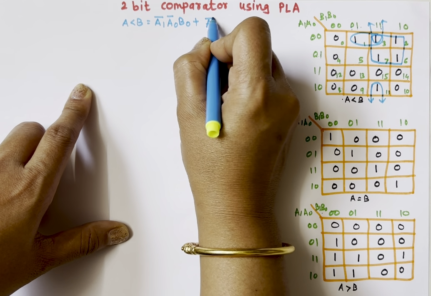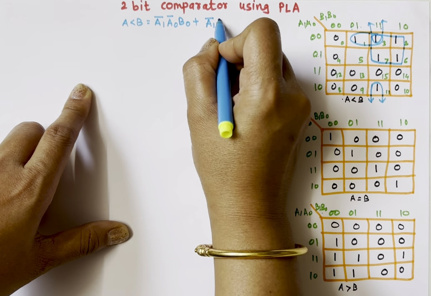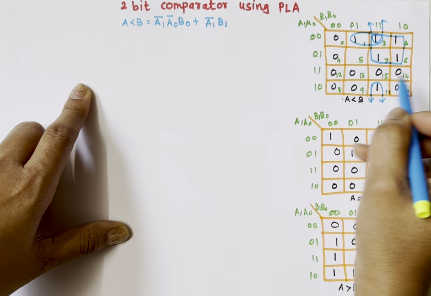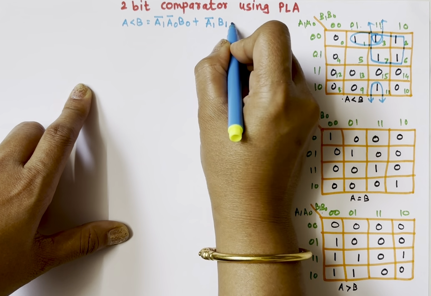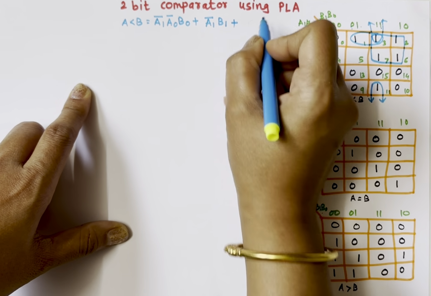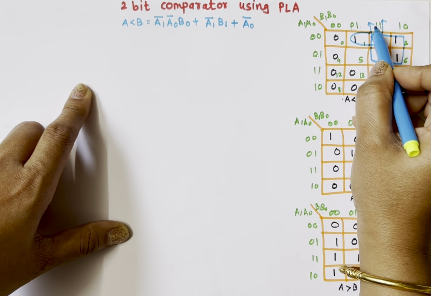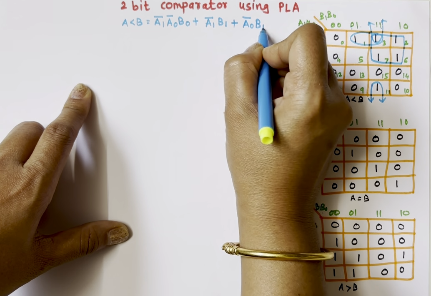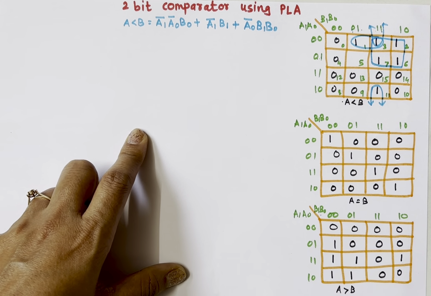So A1 bar and here B1. Similarly for this pair, what is common in these two is value of A0 is 0. So A0 bar and here it is B1, B0. This is my equation for A less than B.